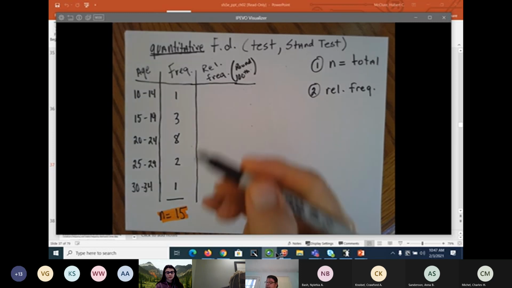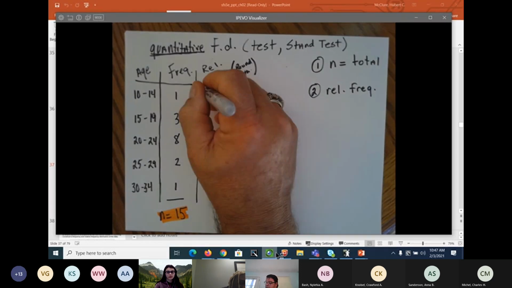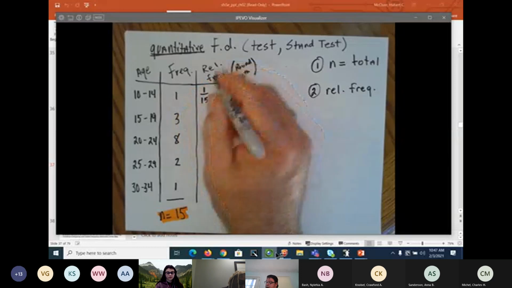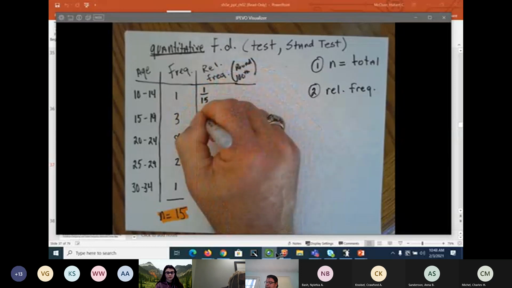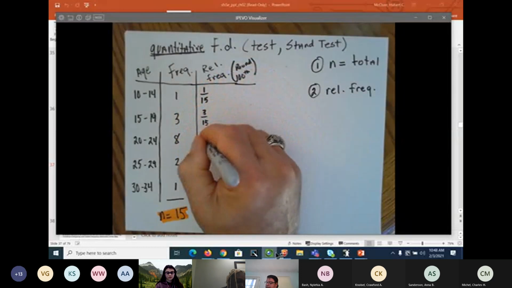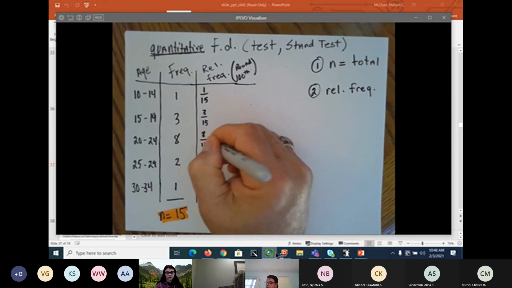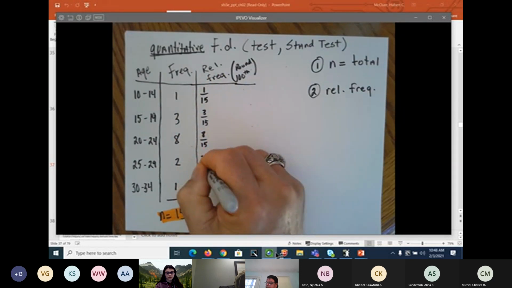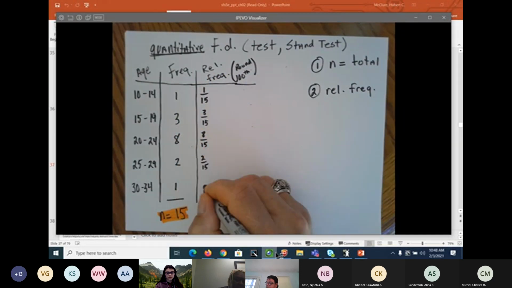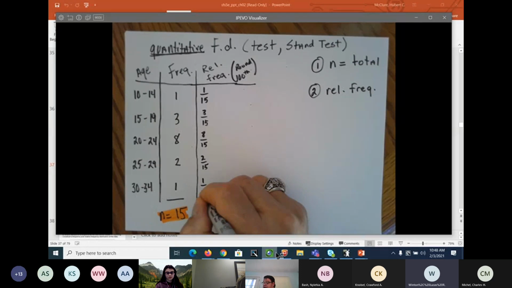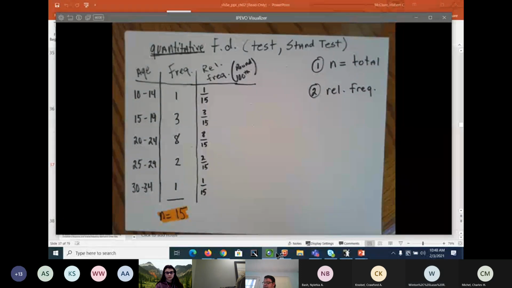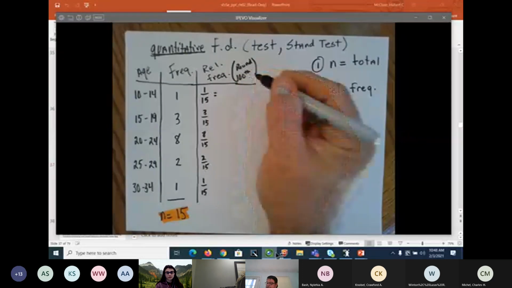Okay, so the first one would be 1 over 15, 3 over 15, 8 over 15, 2 over 15, and 1 over 15. Now I need somebody to tell me what 1 over 15 gives me, rounded to the nearest hundredth, please.